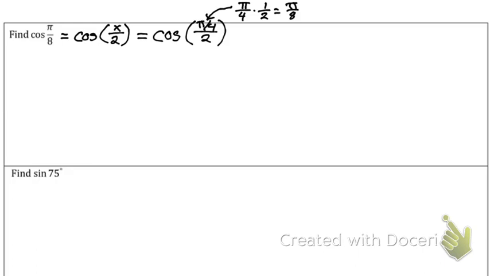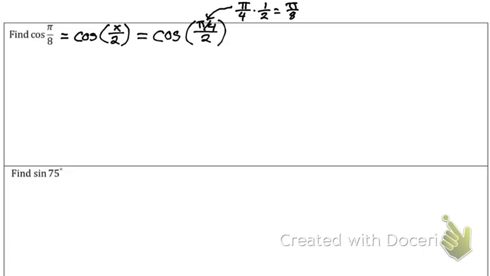I'll describe my thought process behind it. I just don't understand where you're getting the pi over 4. I get that it's true. How do you get that in the first place? The easiest way: when you have a fraction divided by 2, this fraction is always going to multiply the bottom of this fraction.